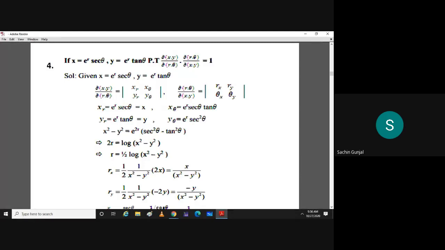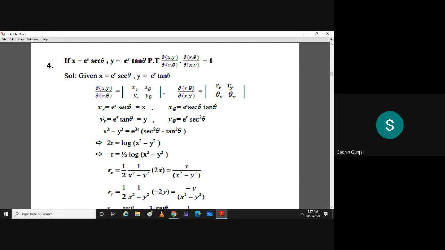So let us immediately calculate this Jacobian of xy with respect to r theta. By definition, the first row is x with respect to r, then x with respect to theta. And the second row is y with respect to r and y with respect to theta. So x with respect to r, theta is constant, so e raised to r sec theta. Then x with respect to theta: e raised to r is constant, derivative of sec theta is sec theta tan theta.